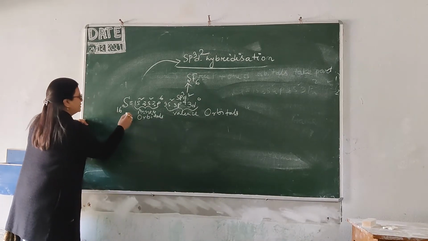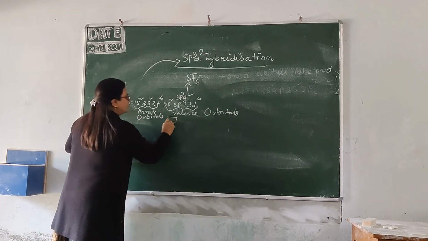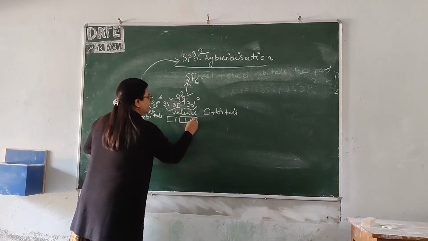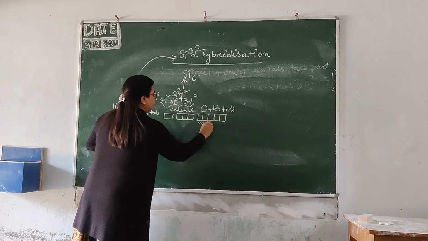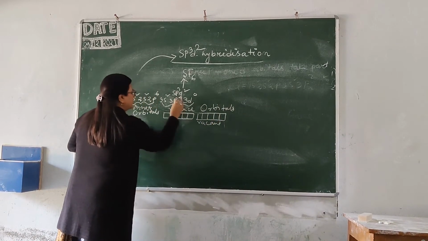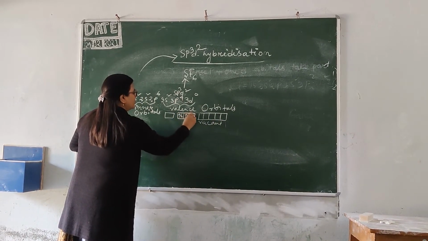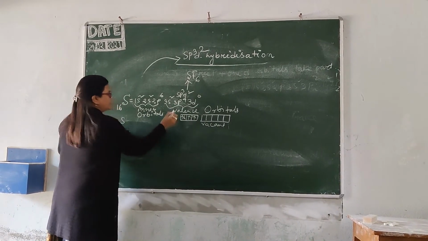Now this is the ground state. This is 3s. These 3 are 3p. These 5 are vacant. Here 1, 2, 1, 1, and here 1, 2.